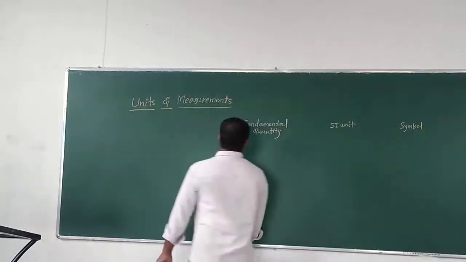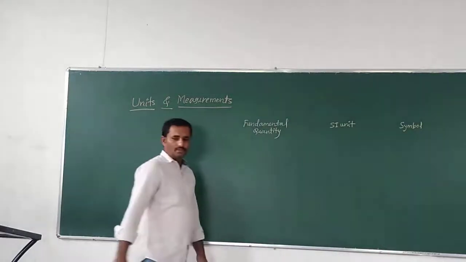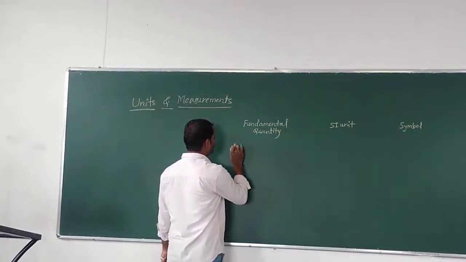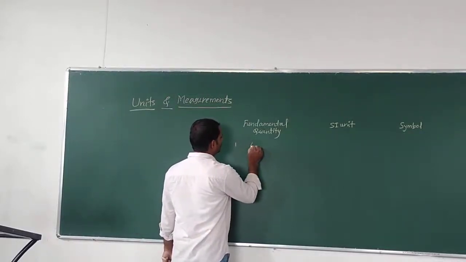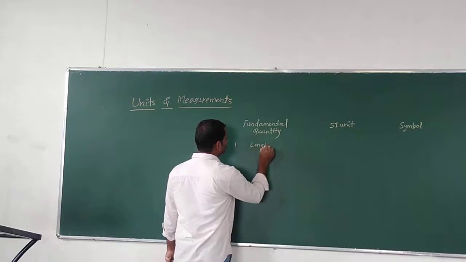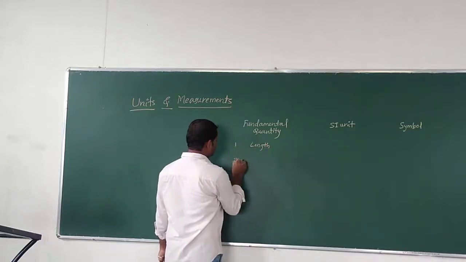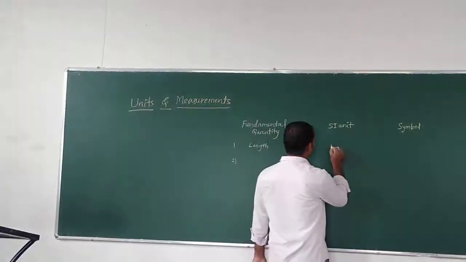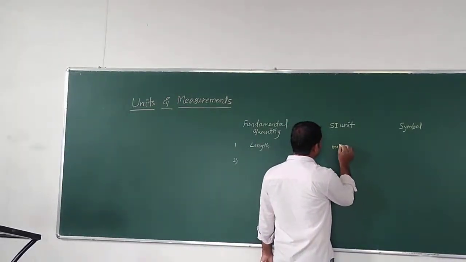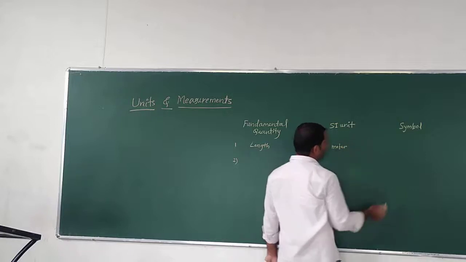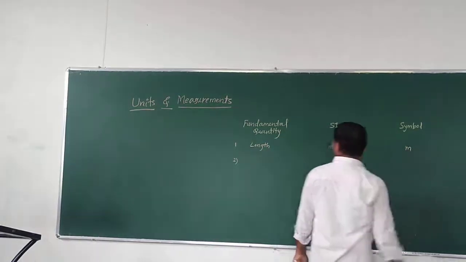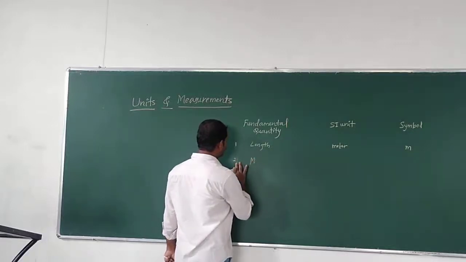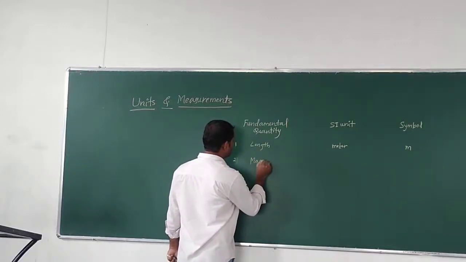So what are the fundamental quantities? We know already, so we will write it again. So first fundamental quantity is length, so length is measured in meter and symbol is m. Second fundamental quantity is mass.